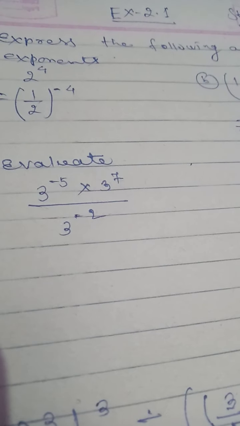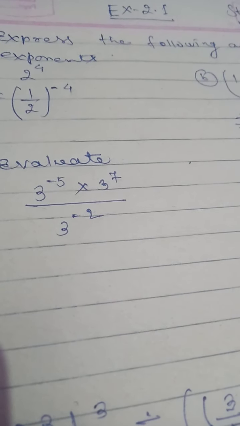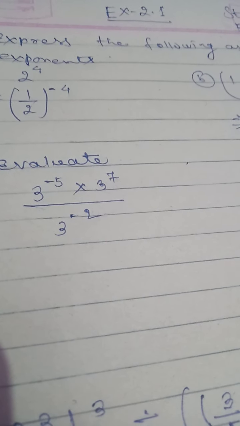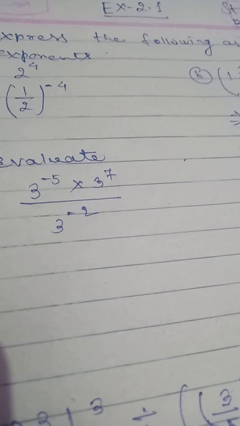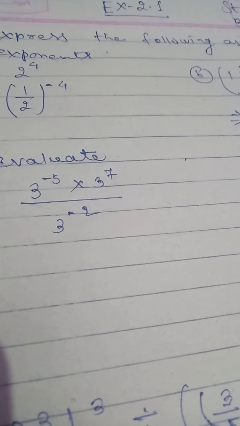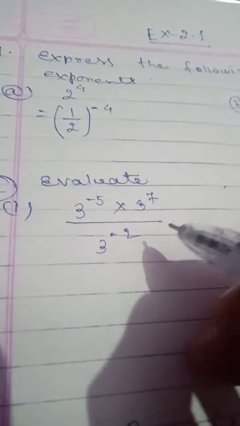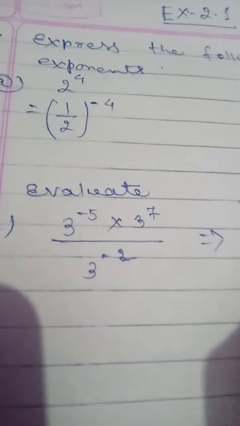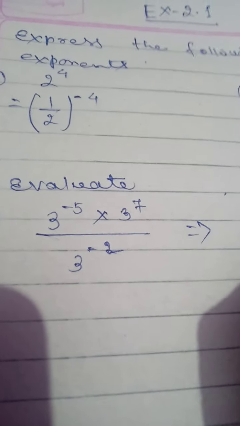See the second one. Evaluate 3 raised to power minus 5 into 3 raised to power 7 upon 3 raised to power minus 2. Here we just solve 3 raised to power minus 5.